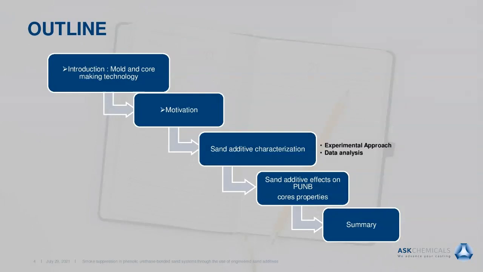After that, I'll discuss the motivation, why we did this project, followed by how we did the characterization of the sand additive, the experimental approach, and some data that I will be sharing with you. We will also review the effects this sand additive could have on the phenolic urethane core properties, and we'll finish with the summary.